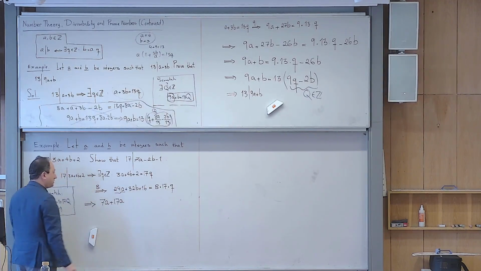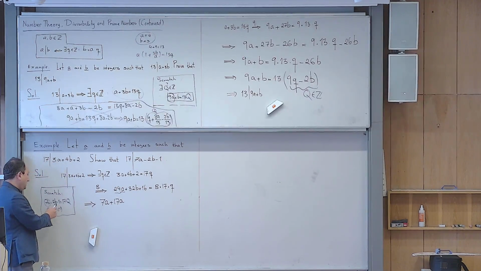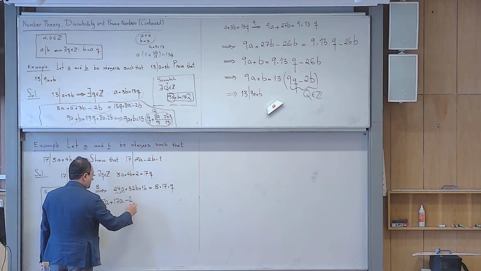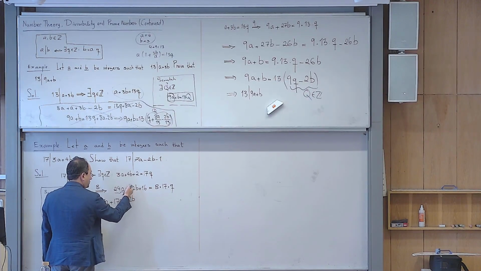Here I have 32 B's, but what I need is minus 2B. So it motivates me to write minus 2B. Okay, can you tell me what I should write next? Because I want to compensate to go back. 32B, I am taking it off, I am writing minus 2B.